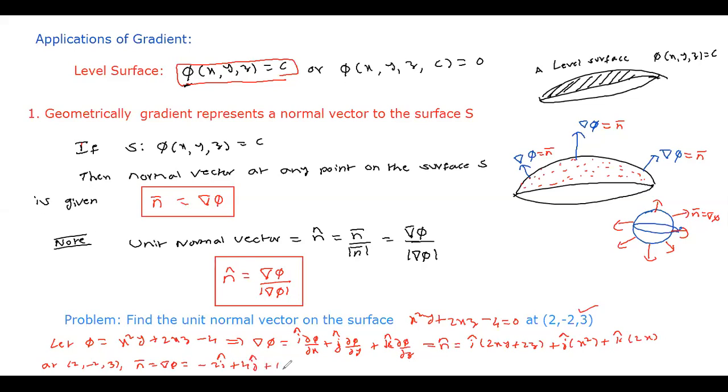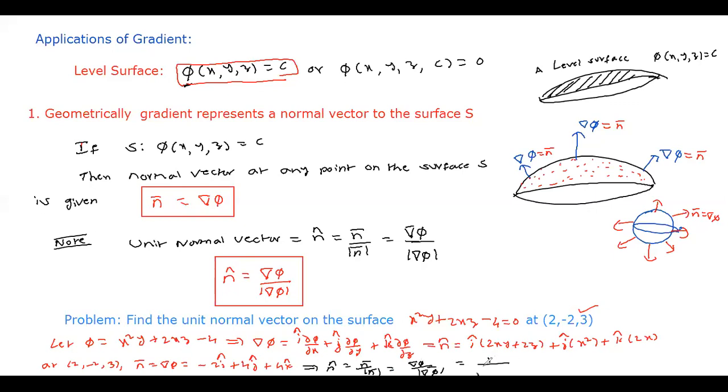This is the normal vector, but what we want is a unit normal vector. So n cap is n bar by mod n bar, which is del phi by mod del phi. What is its magnitude?